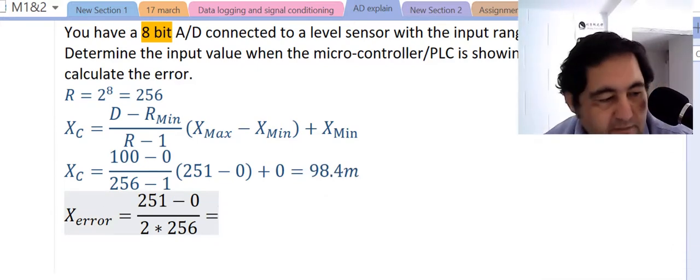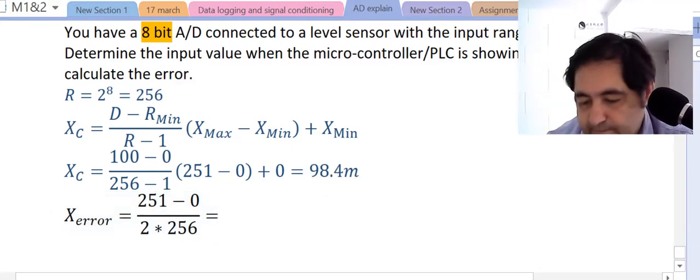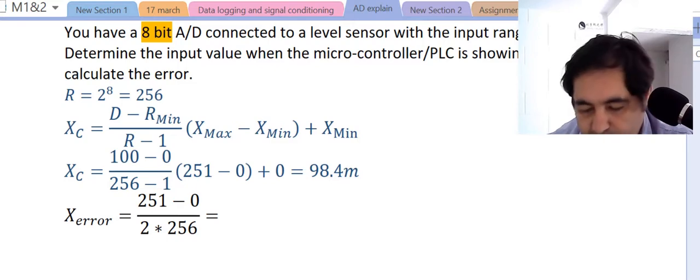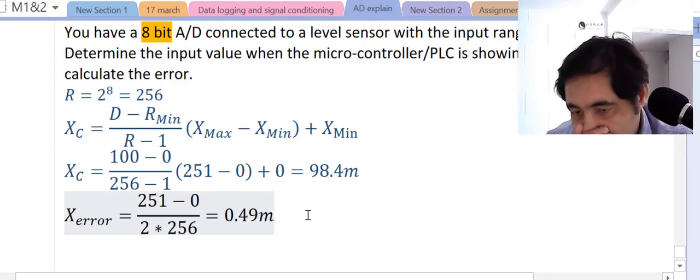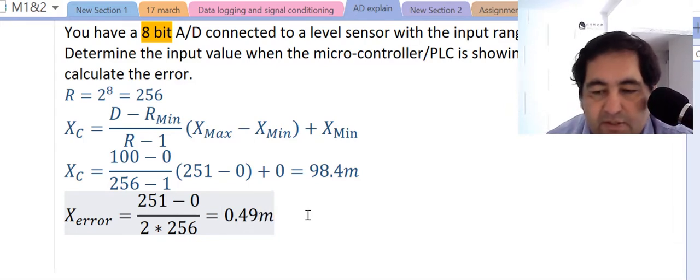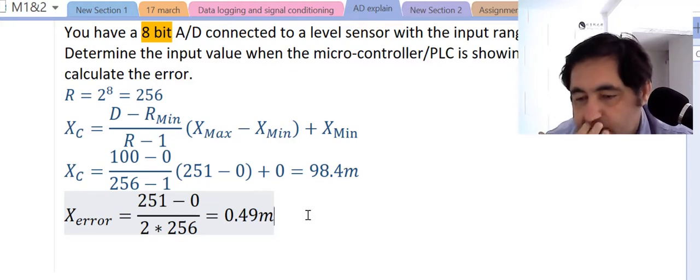So 251 divided by 2 times 256. The resolution that I have is 0.49 meters. 0.49 meters means pretty much half a meter up and down.